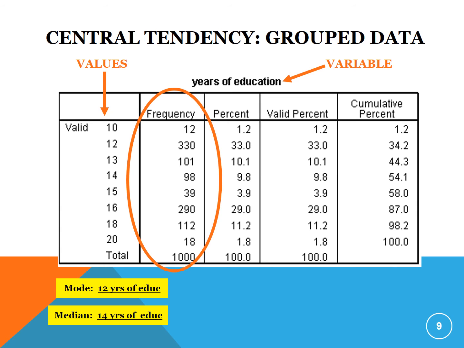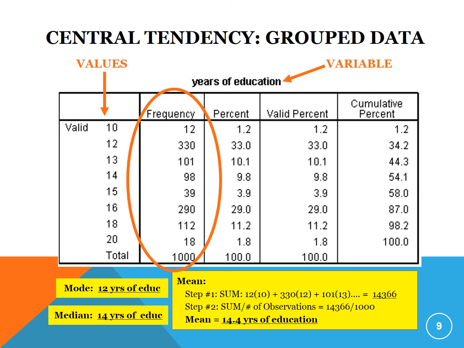Then we would have done 12, 330 times. Or we can simply multiply 10 times 12. And then we add 12 and multiply. So, okay, 10 times 12 plus 12 times 330 plus 13 times 101, and so on. Okay, here we have it here, and so on.